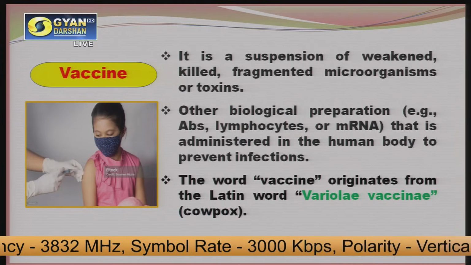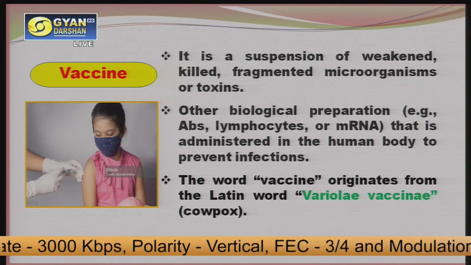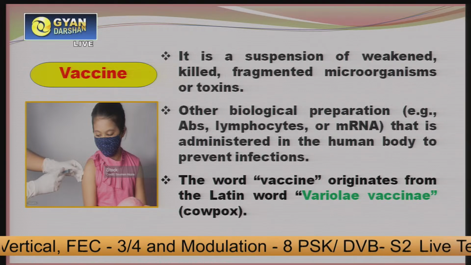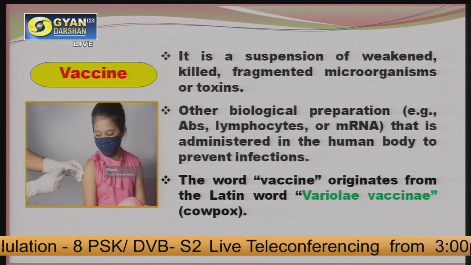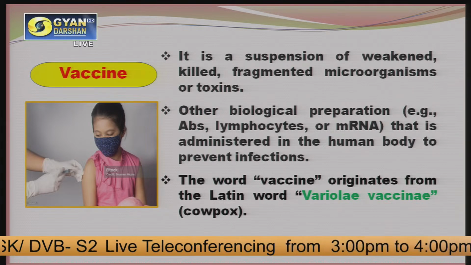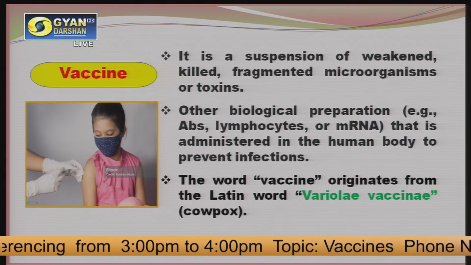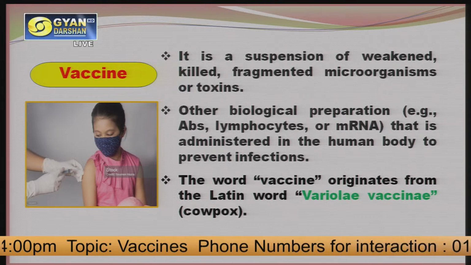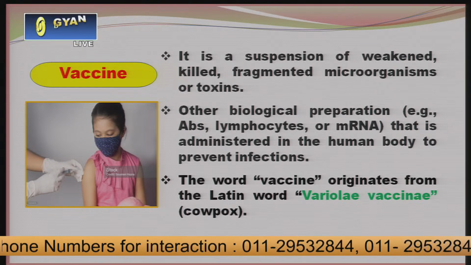What is a vaccine? Basically, a vaccine is a suspension of weakened, killed, or fragmented microorganism or toxin. A toxin may be utilized as a vaccine. We can modify the microorganism, we can fragment it, or we can use a dead, killed, or weakened microorganism as a vaccine.